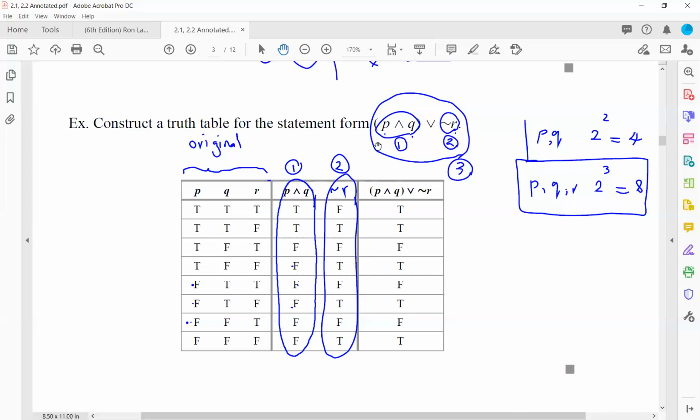Very well. True or false is true. True or true, true. False or false is always false. False or true is true. False or false, false. False or true, true. False or false, false. False or true, true. The last column shows the truth or falsity of this compound statement.